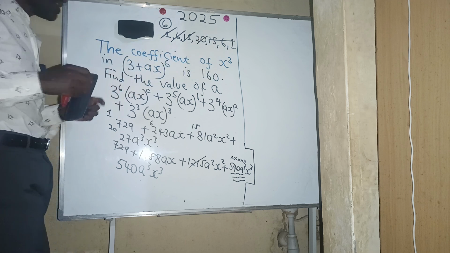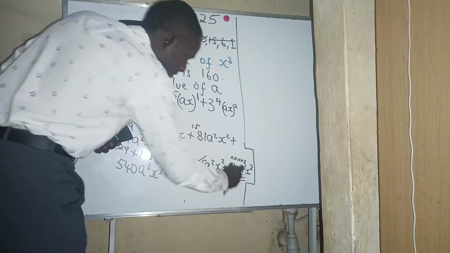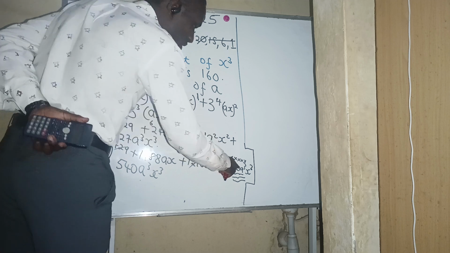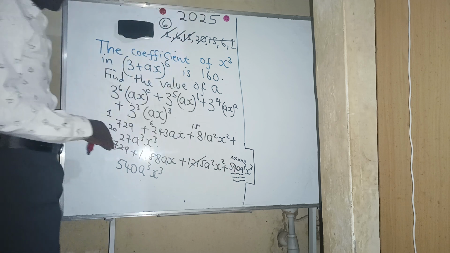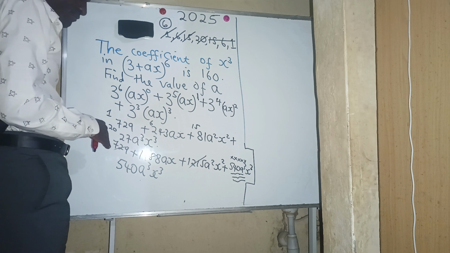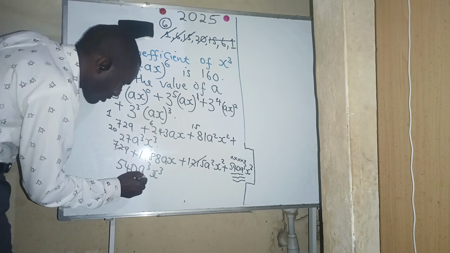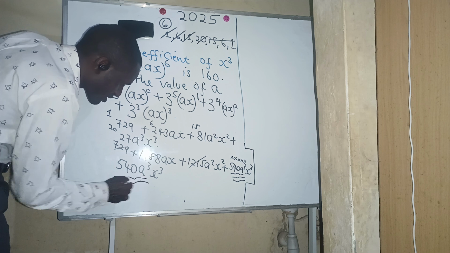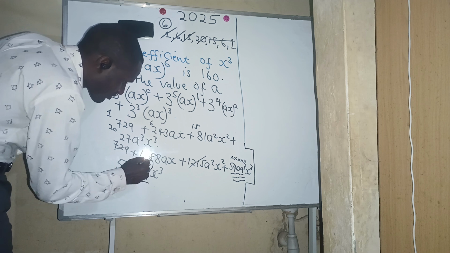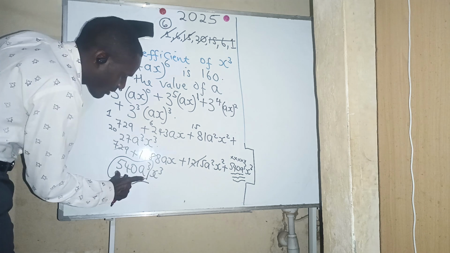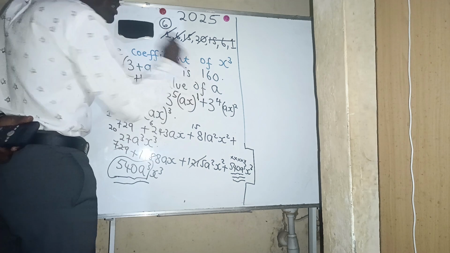So they're telling us the coefficient, that part that comes close to x cubic, is 160. So this whole part we are seeing here is what we refer to as the coefficient of x cubic, and this whole part is equivalent to 160.